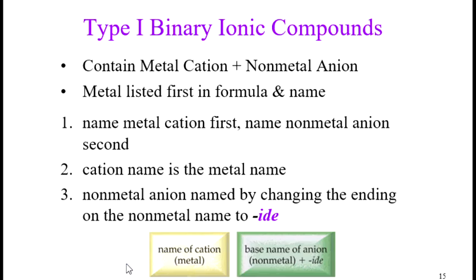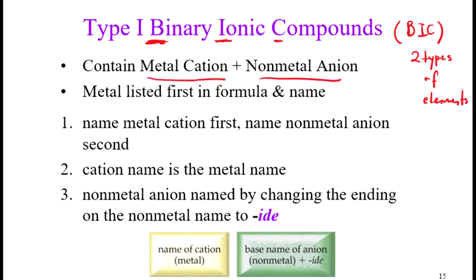All right, guys. So right now we are going to work on the first type of ionic compounds. If you remember, we call that BIC, binary ionic compounds. What does that mean? It means we have only two types of elements. To remind you, ionic compounds have cations and anions.